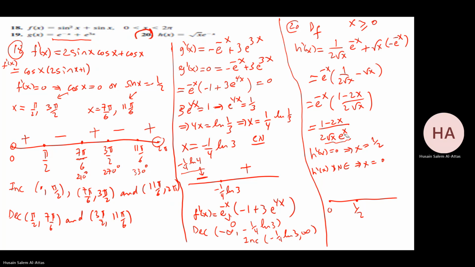So nothing to worry about. I just worry about 1 minus 2x. Take a value 1 over 4, it will be 1 minus half, so it will be positive. More than half, take 1, it will be negative. So increasing from 0 to half and decreasing from half to infinity.